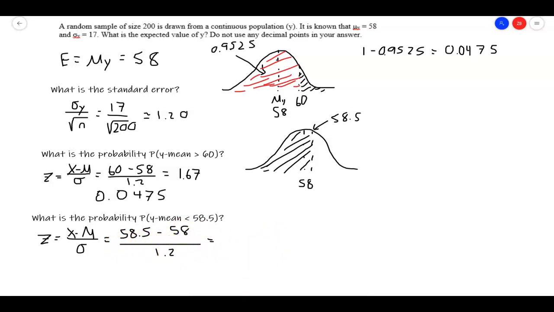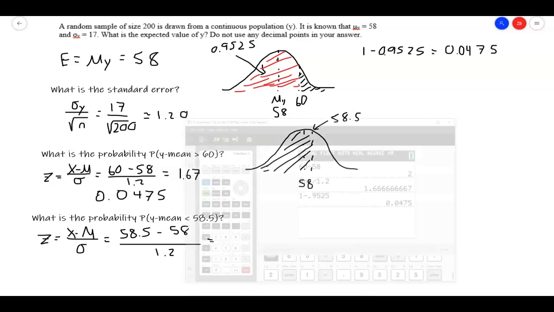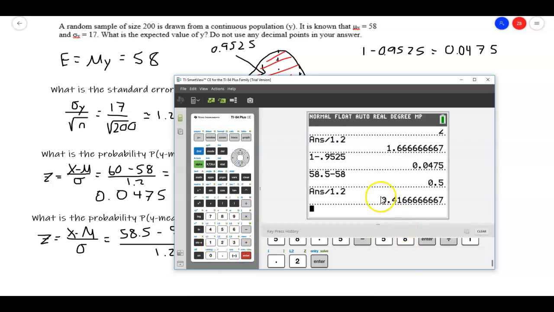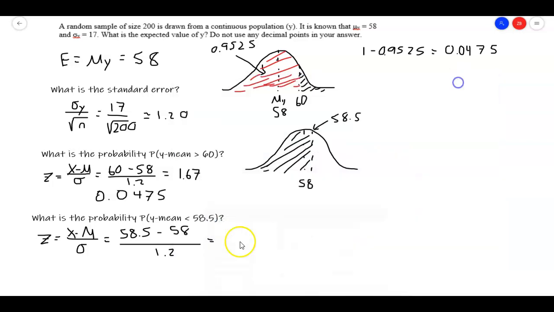And this should give us, let's go ahead and pull up the calculator, 58.5 minus 58 divided by 1.2. This gives us, that rounds to 0.42.